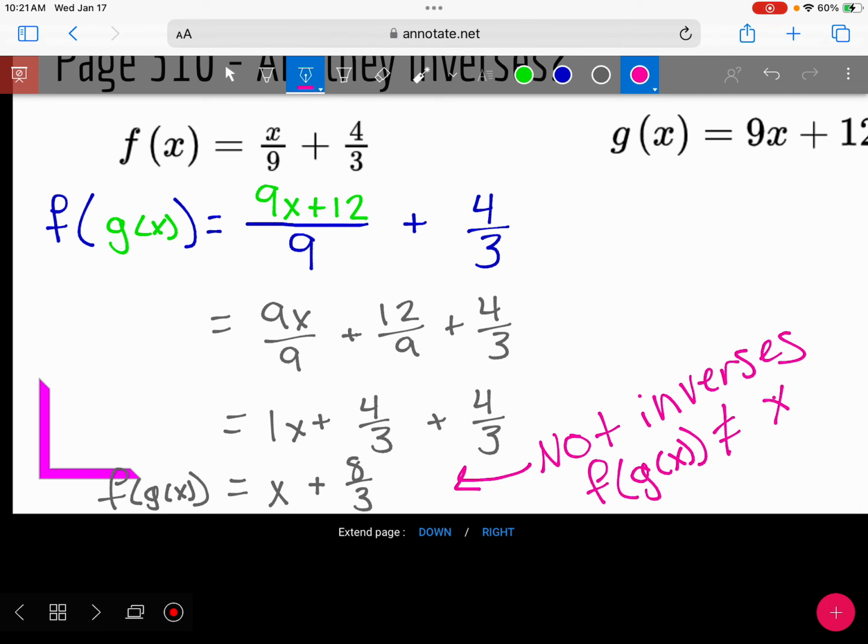And that would be fully justified. It only takes one to say no. So if you've already shown that they're not inverses, you can stop. You don't have to do both. To say yes, they're inverses, you have to do both. So you don't always have to do both compositions. It's good practice. If you want to practice your composition skills, more power to you. But if we get one that says no, we can stop. It only takes one to say no.